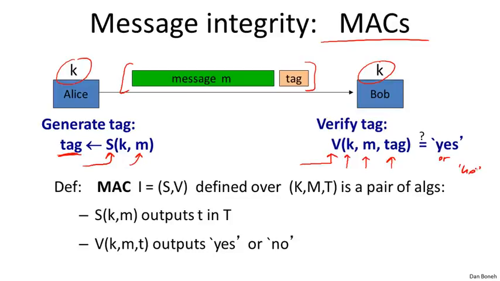Okay, so more precisely, what is a MAC? Well, we said the MAC basically consists of two algorithms, a signing algorithm and a verification algorithm. As usual, they're defined over a key space, a message space, and a tag space. And as we said, it's a pair of algorithms.